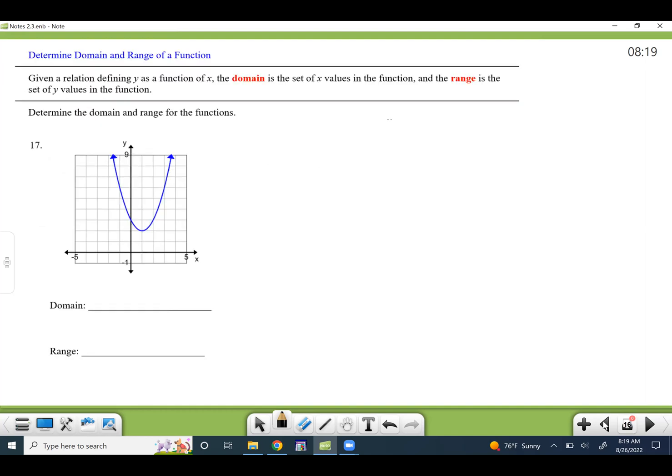All right. So it says up here that for a function, the domain is the set of x values and the range is the set of y values. So it wants us to find the domain and it wants us to find the range. So when it says the domain, we just have to say, well, what x values are going to show up on this graph?